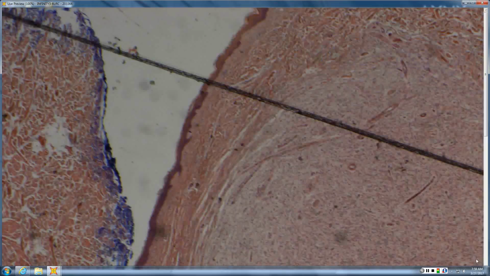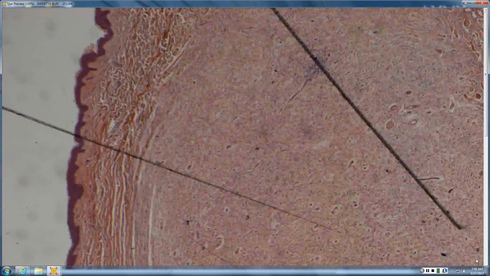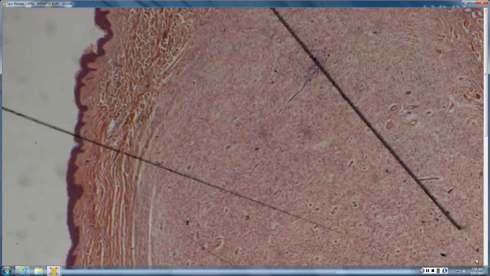Those are all things that are commonly used that will stain anything histiocytic or fibrohistiocytic. So DF, AFX, any of those things will stain with those. They're sensitive but not specific.